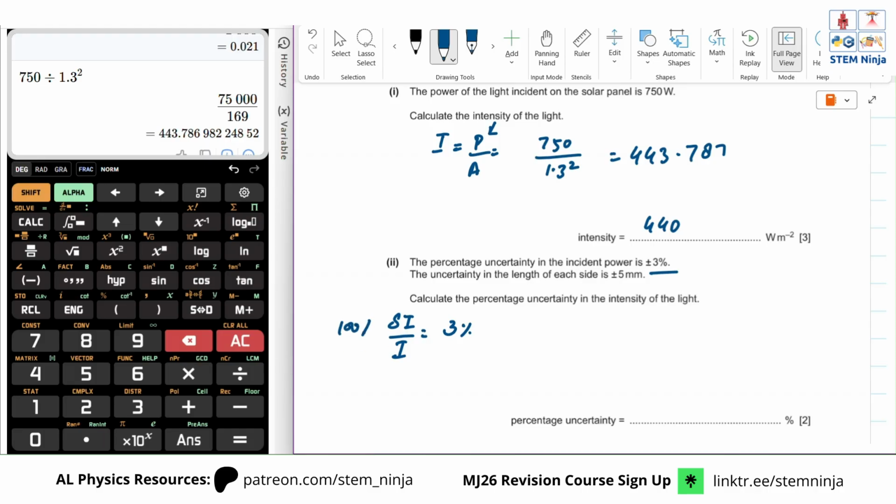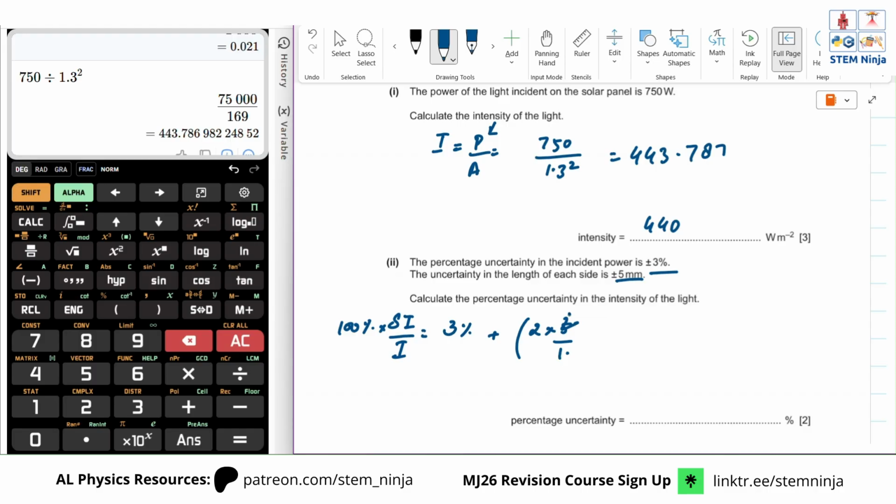You can do it this way also, it absolutely does not make a difference. For uncertainty in length, length is coming with a power sign, so 2 times by 5 over 1300, 5 millimeter. Now, remember one thing, that when you retain the same units, the percentage uncertainty doesn't change.